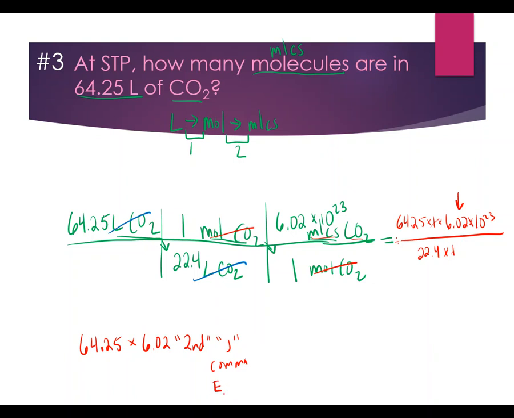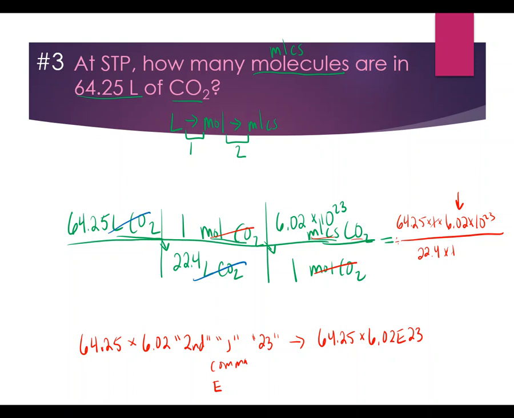That inserts this E, okay? So once you do that, then you just type in 23 for the power. Second comma 23. How it should look in your calculator is 64.25 times 6.02 E 23. That's what it should look like in the TI calculator.